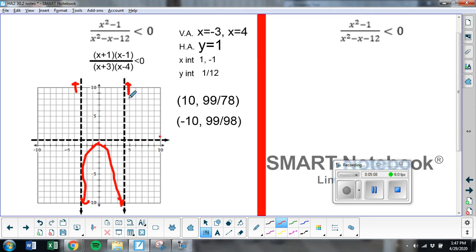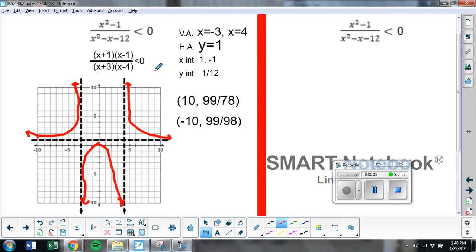So I know it's going to probably come down like this. And then here at negative 10, I'm again at 99 over 98, which is just over 1, and my asymptote is at 1, so I'm slightly above the line. And I will get this.